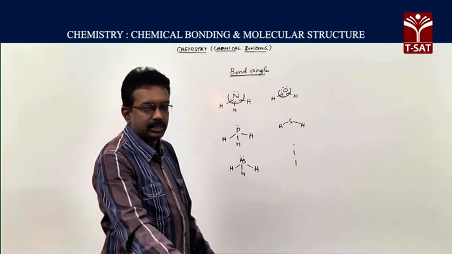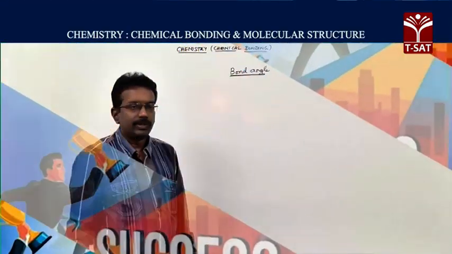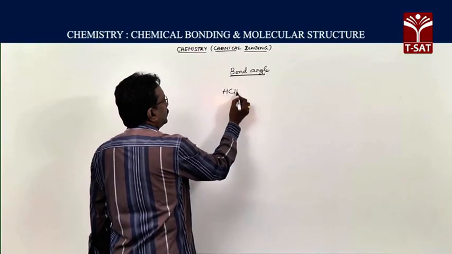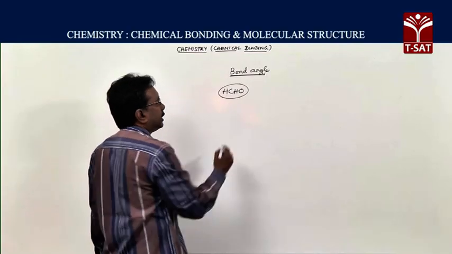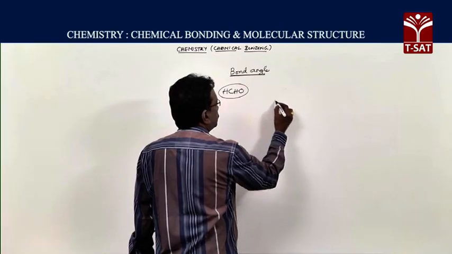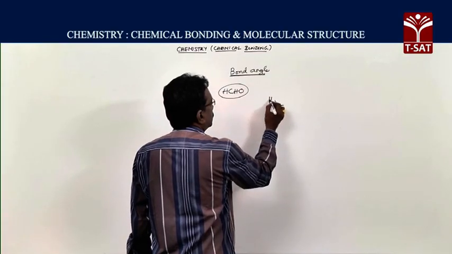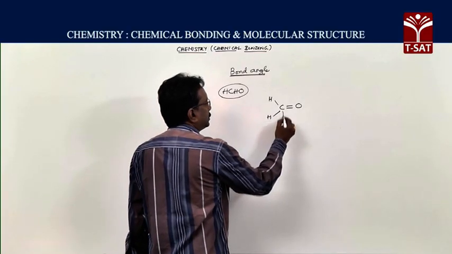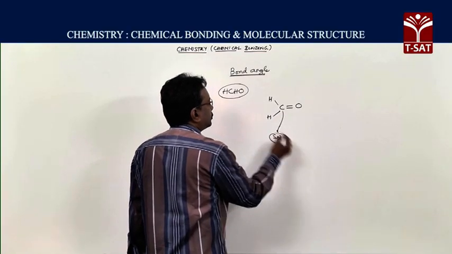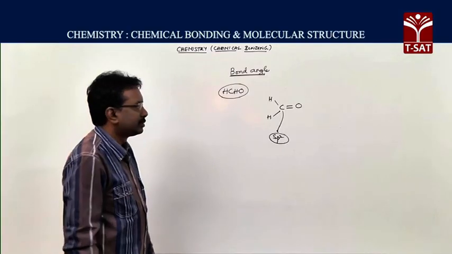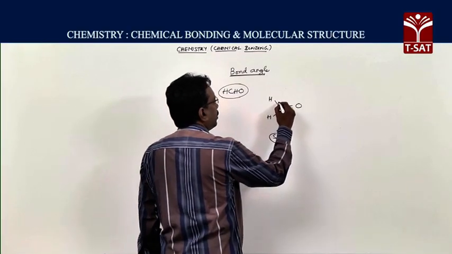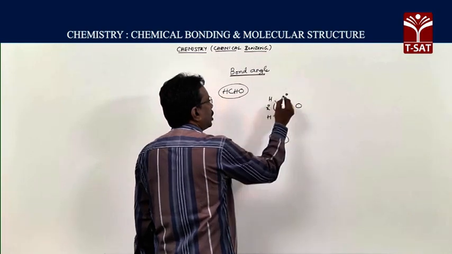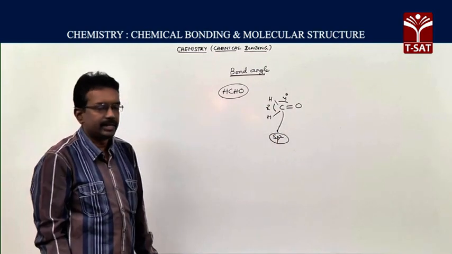Now, let us move to the next factor. Now, I am going to the formaldehyde molecule, HCHO. This is the structure of formaldehyde. The central atom is carbon, sp2 hybridized carbon, and we have here X and Y. Now, I am comparing these two bond angles.